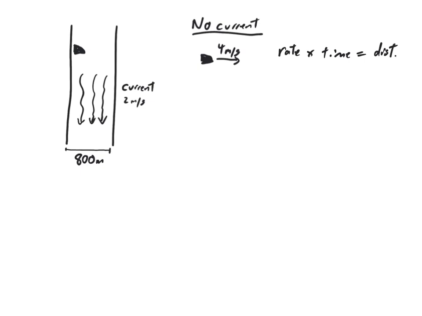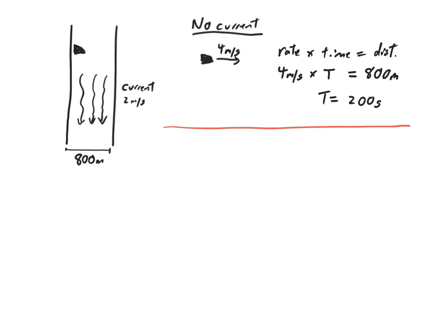And so in this case, we're traveling at 4 meters per second to the east for some unknown amount of time, and we want to cover 800 meters. So we see that the time is going to be 200 seconds. Okay, that's the case if there is no current.